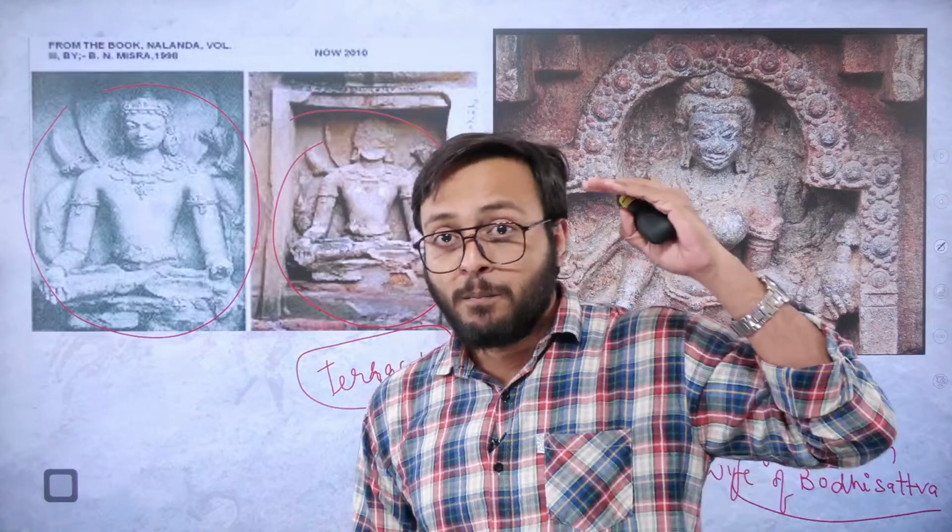Similarly, in the Gupta period, it was a very common practice to represent the different types of powerful deities, be it Brahmanical or Buddhist deities, with some superhuman capacities, some supernatural tendencies, like having multiple hands or heads, or a combination of different species.